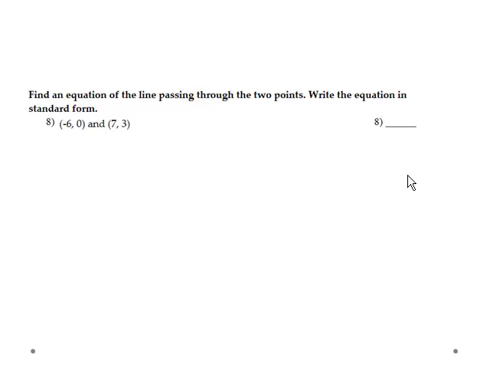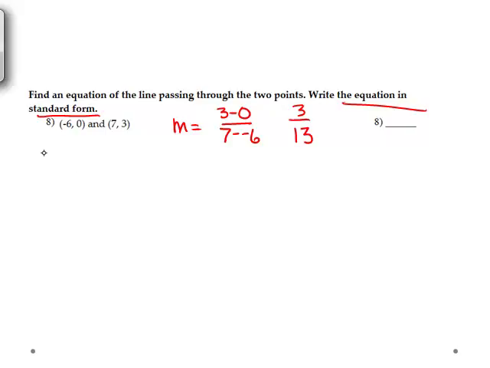Find the equation of a line passing through the two points, and we want it in standard form. So the first thing we do is find the slope. M equals 3 minus 0 over 7 minus -6, which is 3 over 13. Let's see, which way should we go? Let's do slope-intercept or point-slope form. So y equals, I'm going to substitute in these points, 3/13 x plus 6.